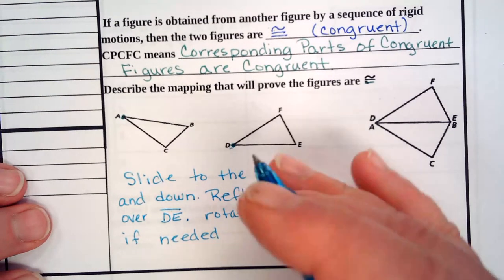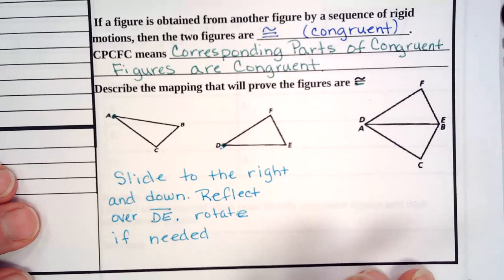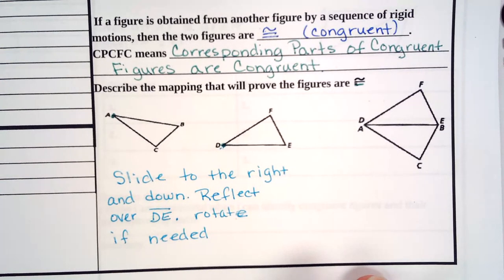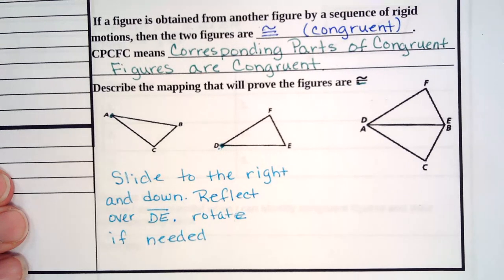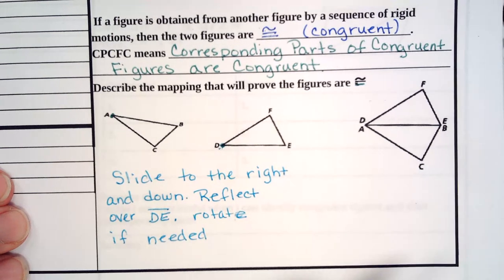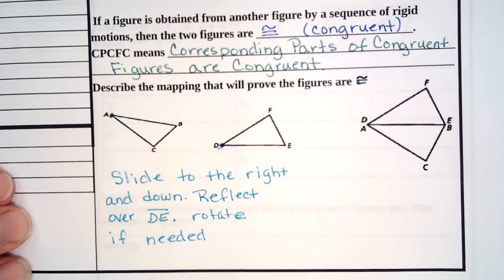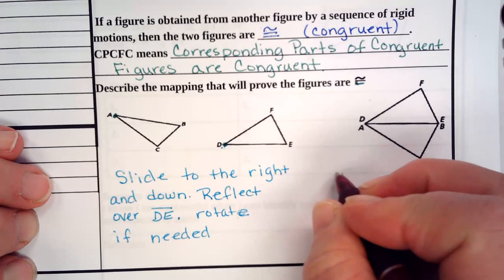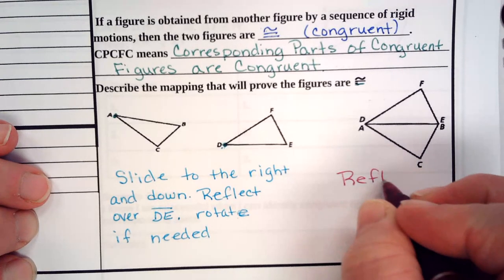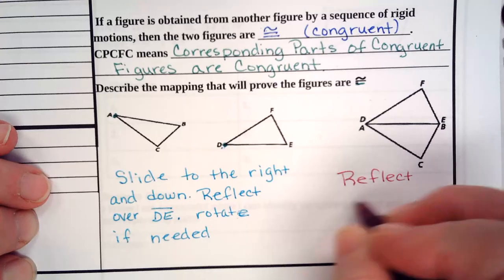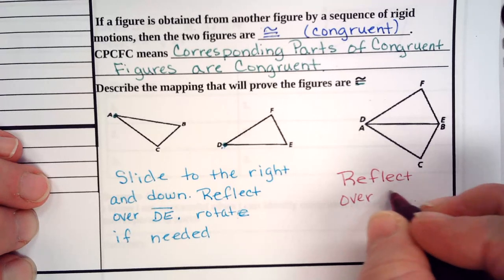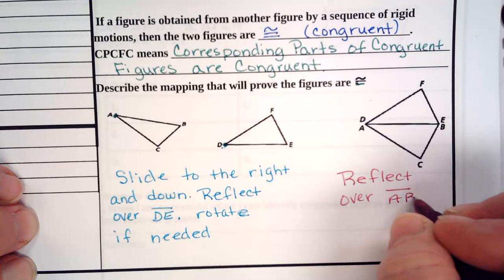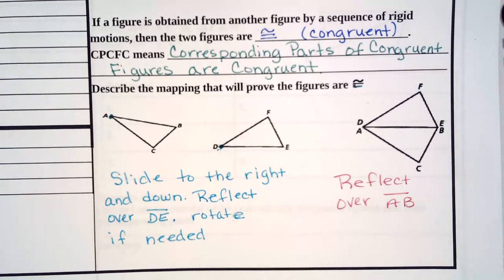But when you get down here, once you flip it up, it might actually land on top of the other. But if it doesn't, then just rotate if you need to. Okay, what about the second one? The second one's pretty straightforward. What is it? Well, it's a reflection over the line AB or DE, whichever you want to call it. So that one can be achieved by just a reflection.